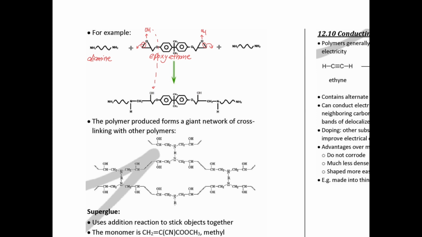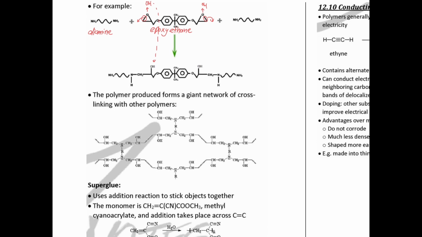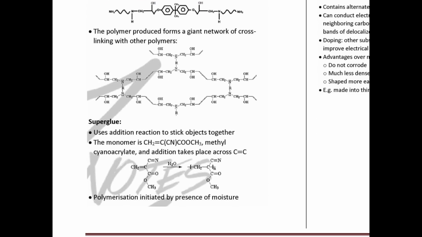Okay, so next one, super glue. Uses addition reactions to stick objects together. So when I say addition reaction, that means initially before they stick together, they have double bonds.